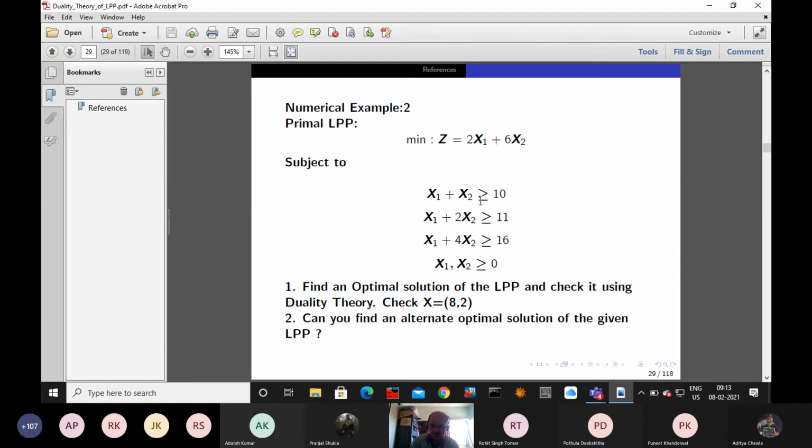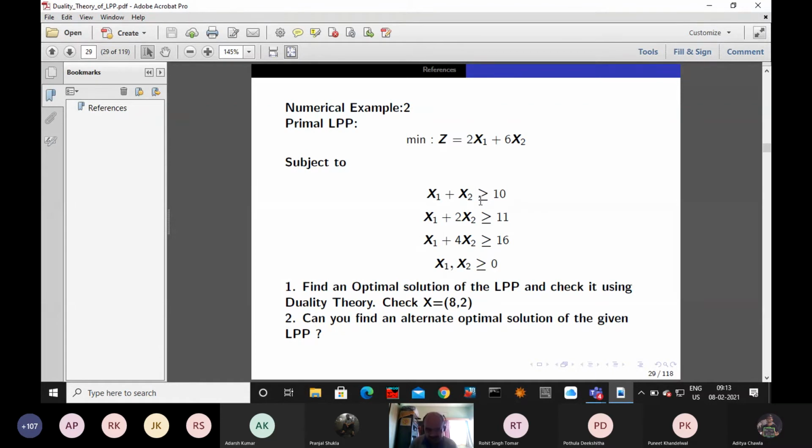Not minimize, maximize z dash equal to 10 y1 plus 11 y2 plus 16 y3, subject to the constraints. Since we are maximizing, the constraints have to be less than or equal type.